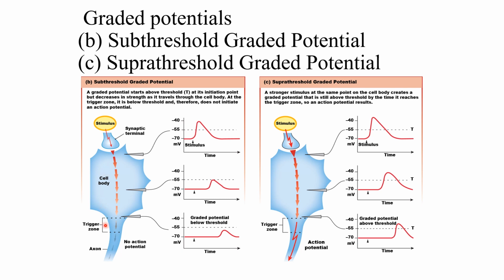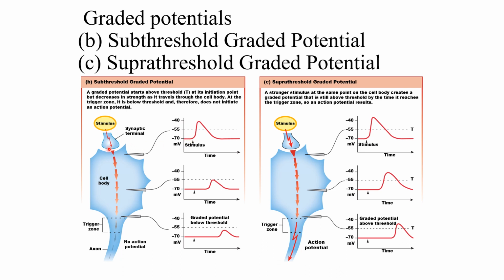Now, for an action potential to be triggered, that graded potential must maintain its strength, especially when it hits the region known as the trigger zone. If the graded potential is pretty weak by the time it reaches the trigger zone, no action potential will be triggered. Now, we know that inside of the cell, the resting membrane potential is around -70 millivolts.